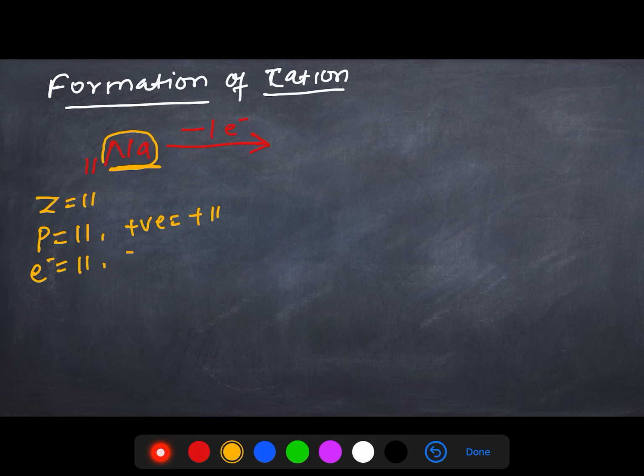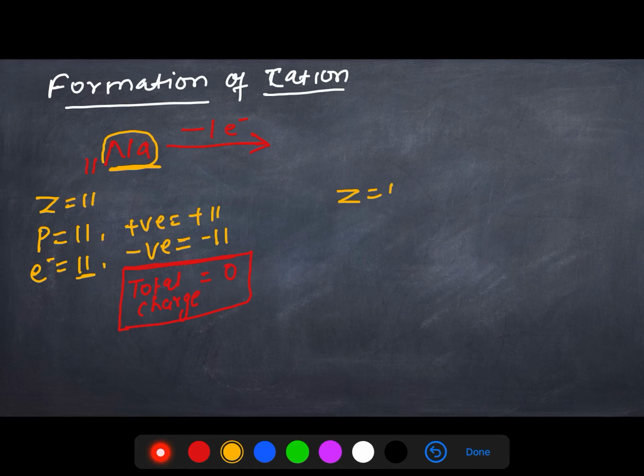So we have the same number of electrons. The number of electrons over here is the same as the number of protons, right? Because in a neutral atom, the number of protons and electrons are the same. Now, because of 11 electrons, the total negative charge will be minus 11. If you calculate the total charge over the sodium atom, with simple mathematics you get 0. That is why sodium over there is neutral, because it is showing the net charge of 0.